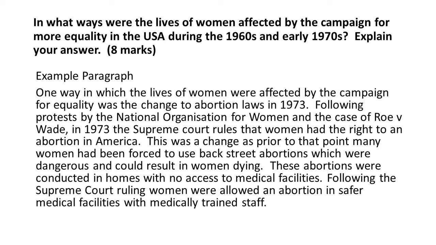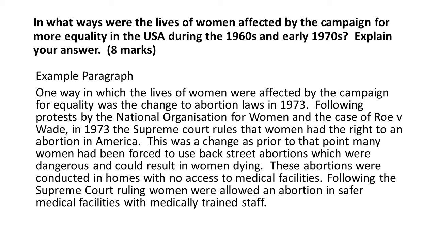This was a change, as prior to that point, many women had been forced to use backstreet abortions, which were dangerous and could result in women dying. These abortions were conducted in homes with no access to medical facilities. Following the Supreme Court ruling, women were allowed an abortion in safer medical facilities with medically trained staff.